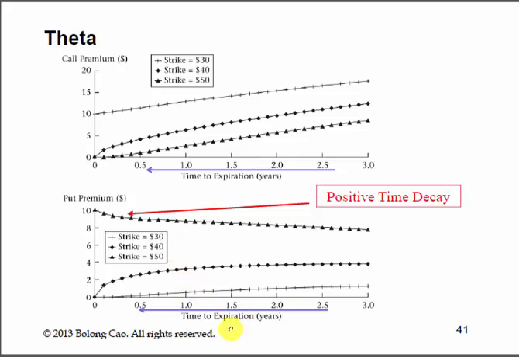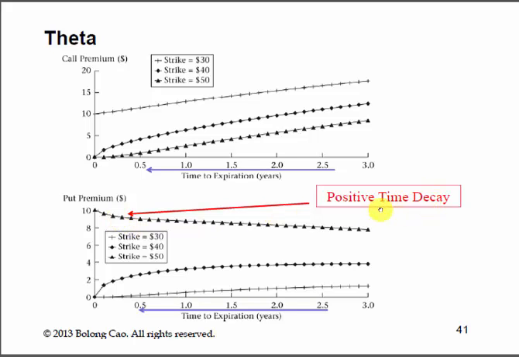For the put option, when the strike is very high, this put here, when the time to expiration is getting closer, because of this high strike, the premium actually increases, because it may be deep in the money.